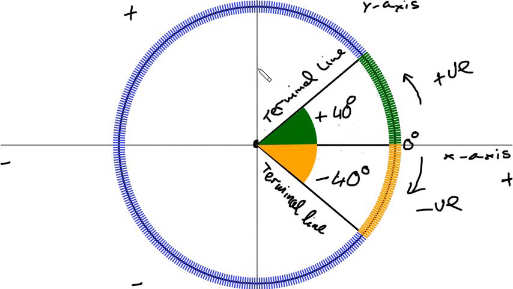Okay, so there's just one or two further points I would like to make. Now we know every circle has 360 degrees, and you can see here that our coordinate axes divide the circle up into 4 quadrants. Each of these quadrants contains 90 degrees, or 1/4 of the 360 degrees in the circle.